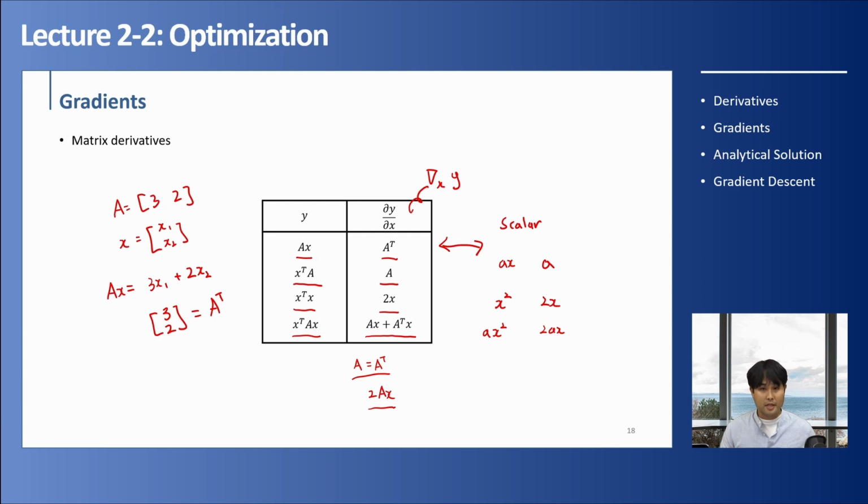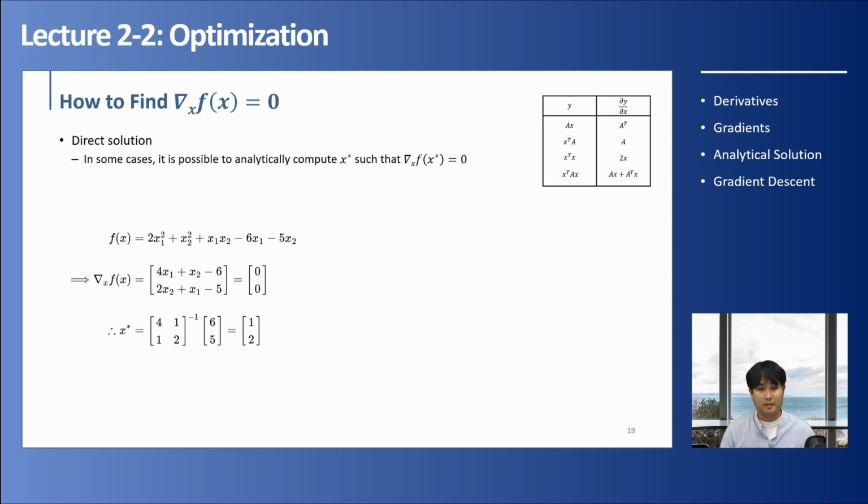Alright, so with this table in mind, we'll be revisiting the example that we've seen in the previous slide. So here we have our table that we've defined, and this time I'll be representing this function in quadratic form. So here we have f of x is equal to x transposed.